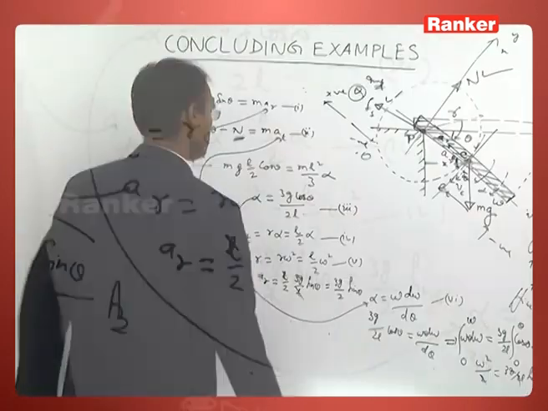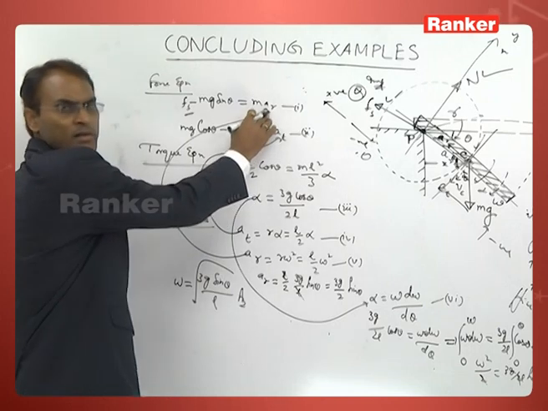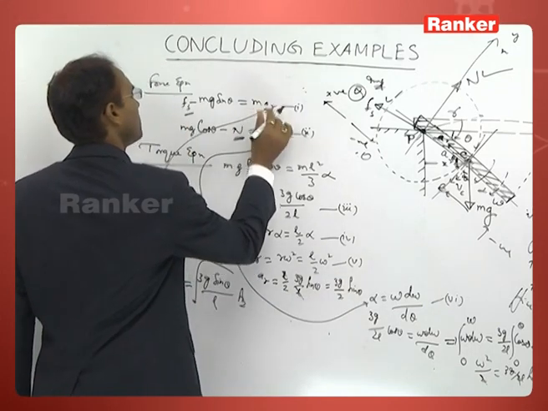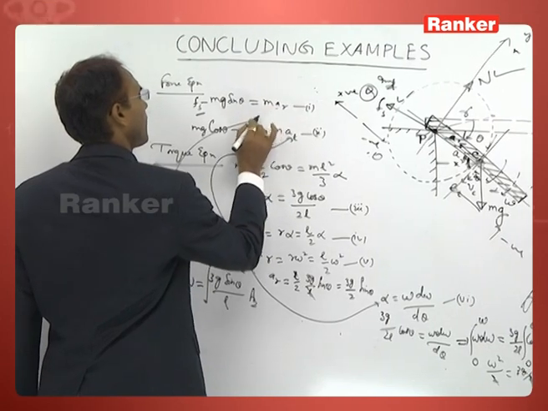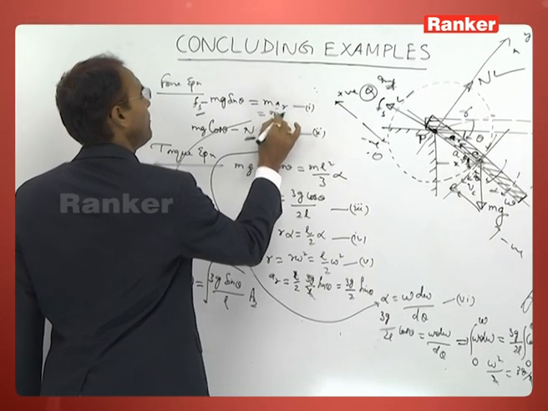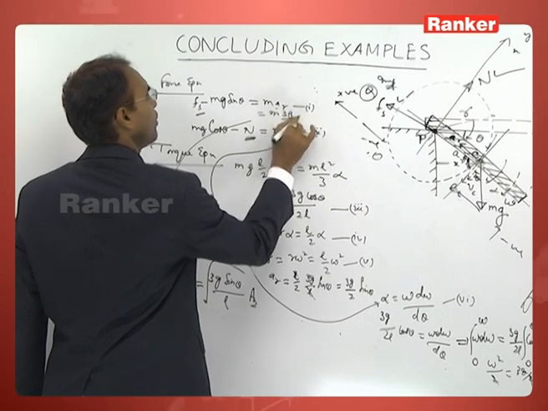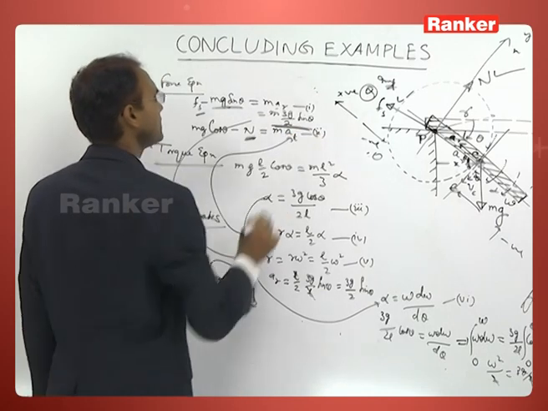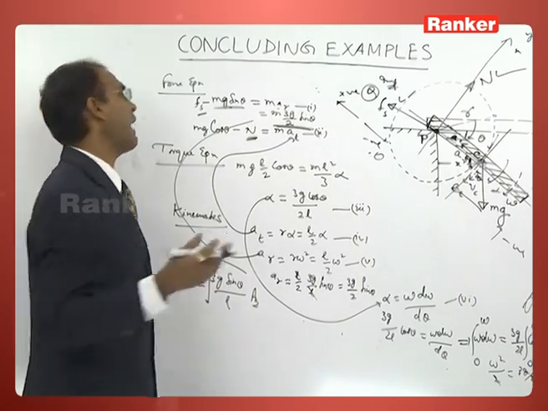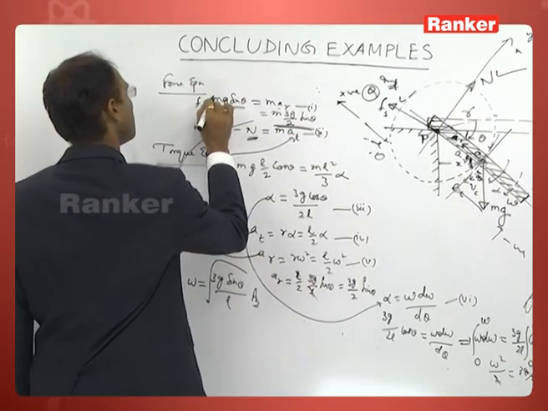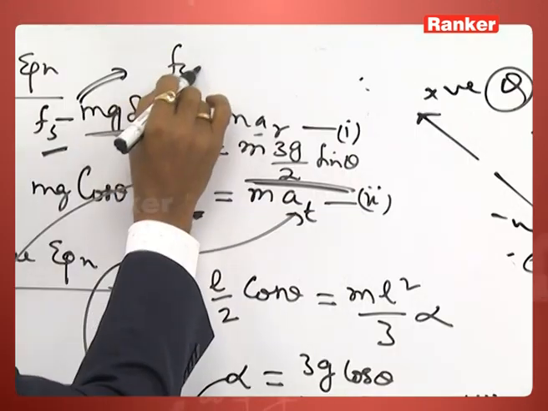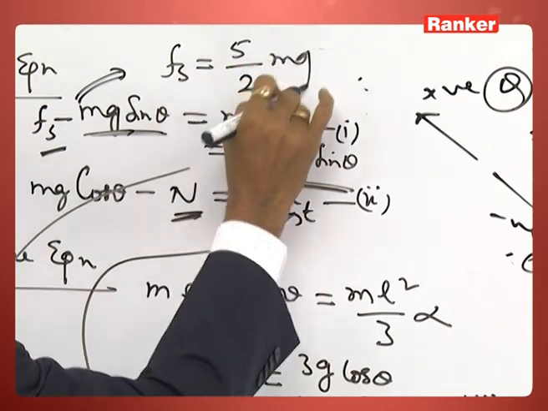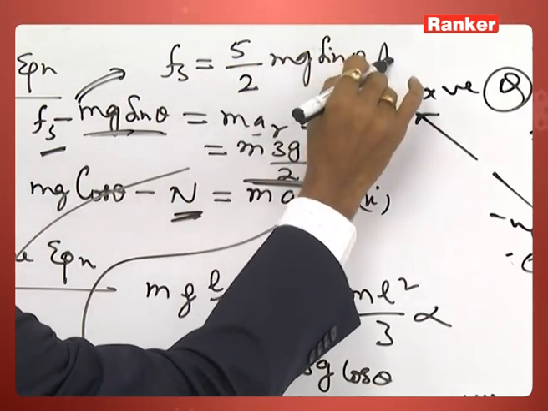Substitute AR here: m into 3g by 2 sin theta. Here mg sin theta, here 3 by 2 mg sin theta. You are getting 5 by 2 mg sin theta. So, Fs will be equal to 5 by 2 mg sin theta. Answer.